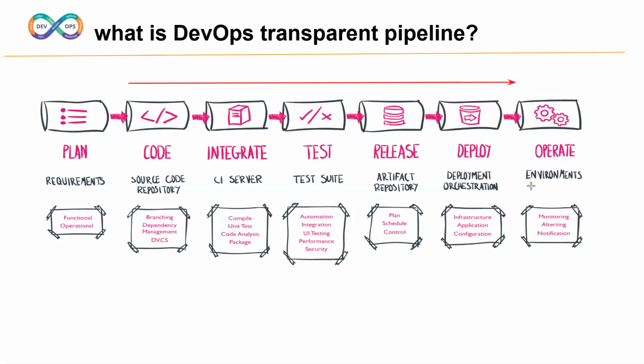So this is exactly our process. But sir, how exactly can we implement it? While implementing this DevOps transparent pipeline, what exactly are our roles and responsibilities? Let us understand one by one, step by step, stage by stage.